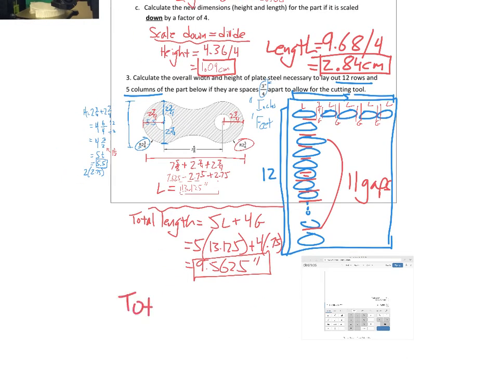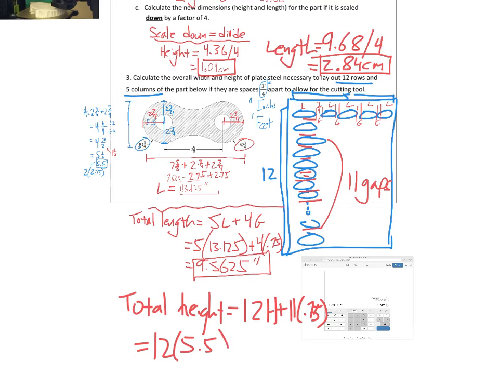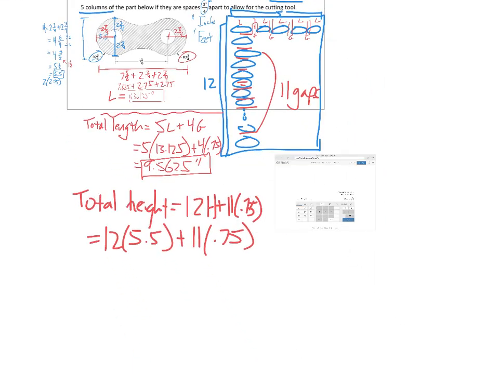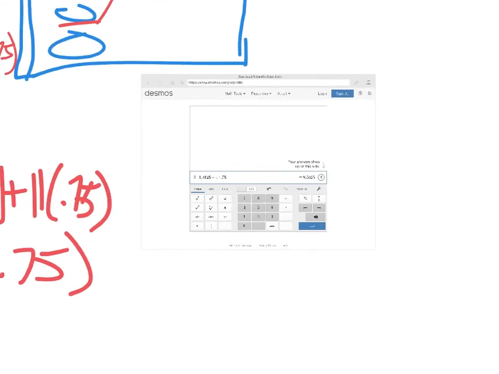So our total height is going to be 12 of the H's, heights, these things here. Plus 11 of the 0.75s. 11 of the gaps. Okay, so that's 12 of the heights, which was 5.5, and then plus 11 gaps that are 0.75. Okay? 12 parts and 11 gaps.